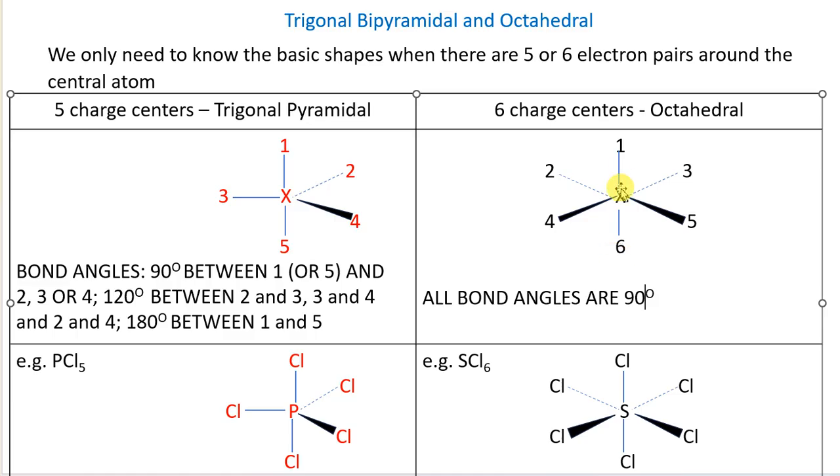You could say 180 between 1 and 6, but we tend to say that all bond angles are 90. Example, SCl6: 2 chlorines, 1 above and 1 below, 2 chlorine atoms coming out towards me, 2 going into the plane of the paper.